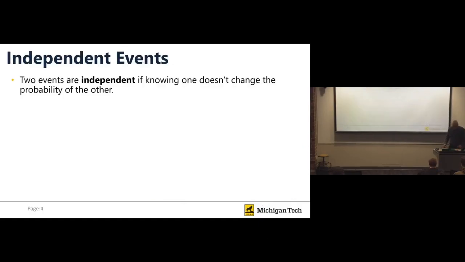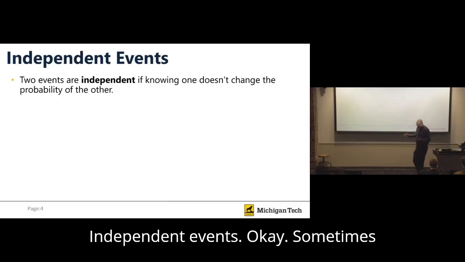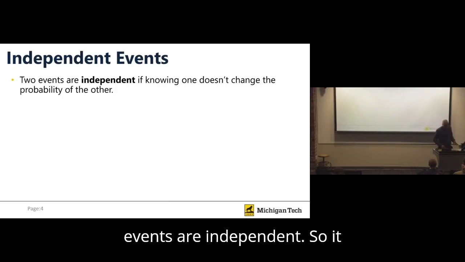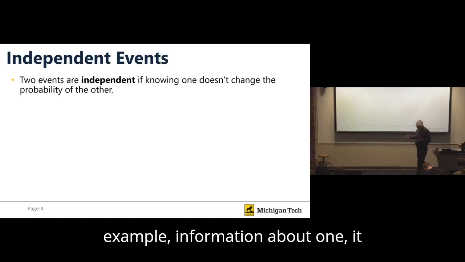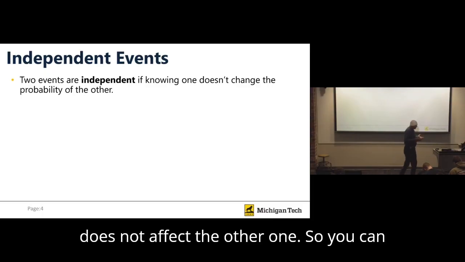Next slide. Independent events. Sometimes events are independent. It means if you know, for example, information about one, it doesn't affect the other one.